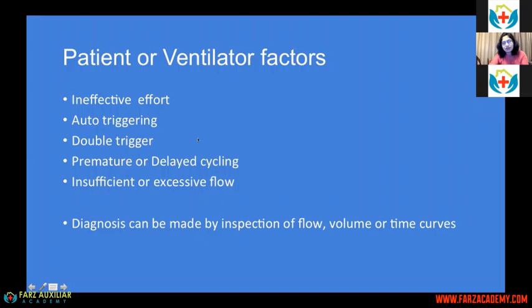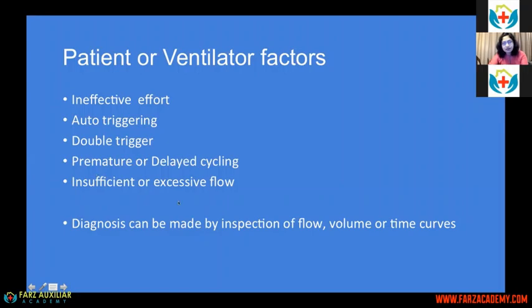For example, in pressure support ventilation, PSV mode, it is flow cycled. So when the flow comes down to a certain level from the set value, say 25%, then the breath is terminated. This is the process of cycling. So when either premature cycling happens compared to the set time, or there is a delayed cycling, there is a mismatch again, and it gives rise to asynchrony.